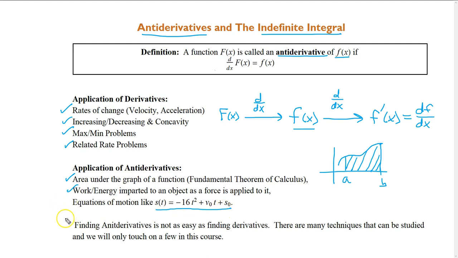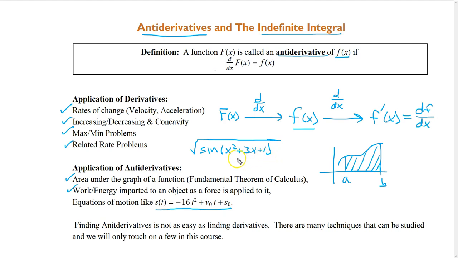Now take note of one other thing here. Finding antiderivatives is not nearly as easy as taking derivatives of functions. So, if I were to give you a complicated function like this, say the square root of the sine of x squared plus 3x plus 1, it's actually fairly easy to take the derivative of this function.